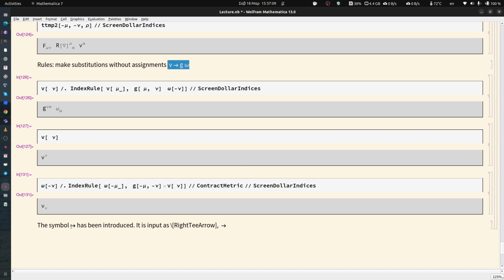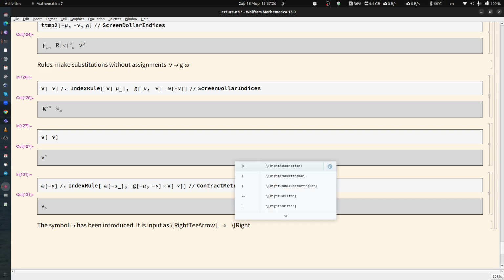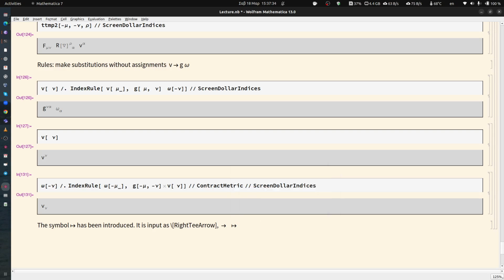Now, the symbol here is an arrow with this little line in the beginning called RightTeeArrow, and you can type it this way: backslash, square bracket, RightTeeArrow. You can now press the tab for an auto-completion, and there it is.